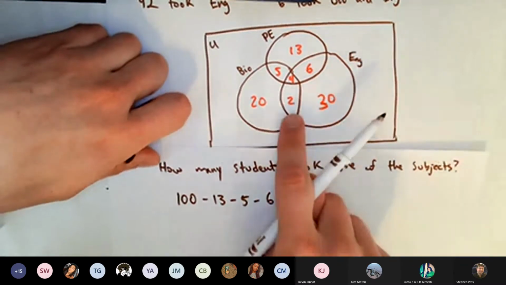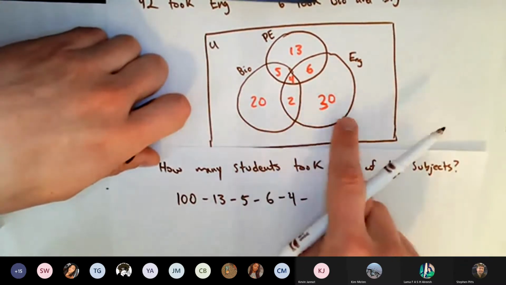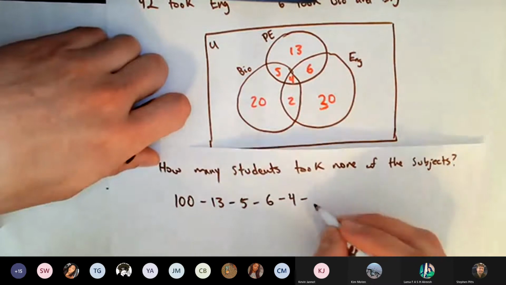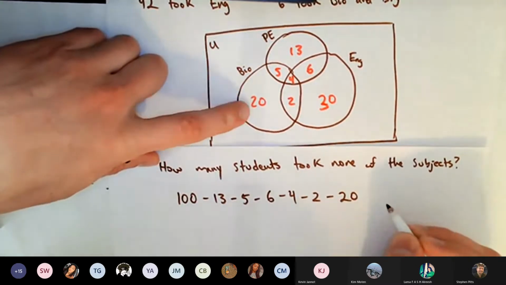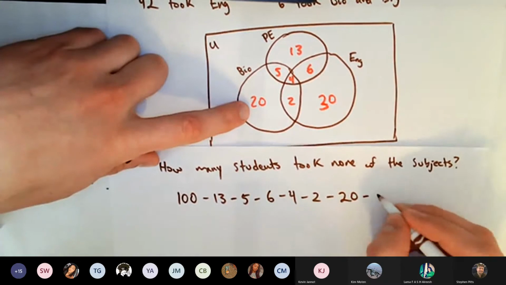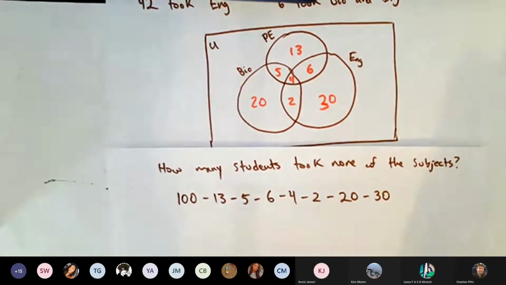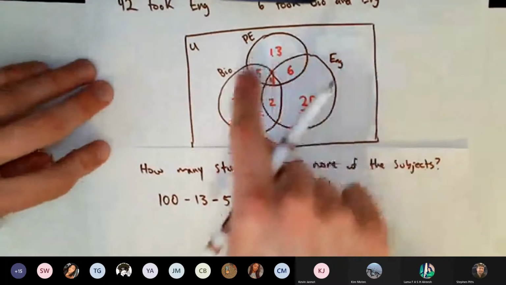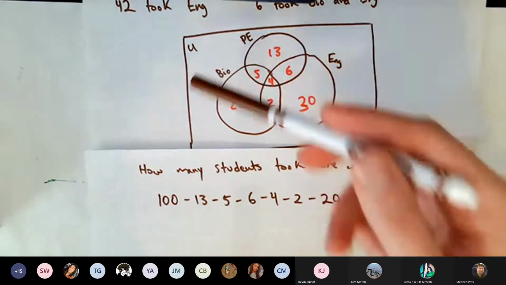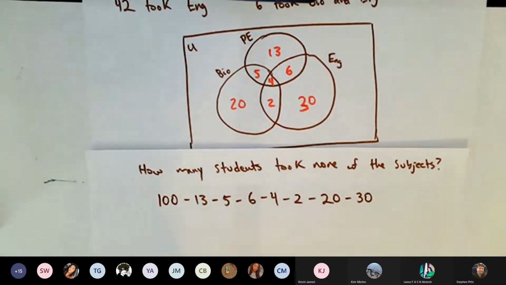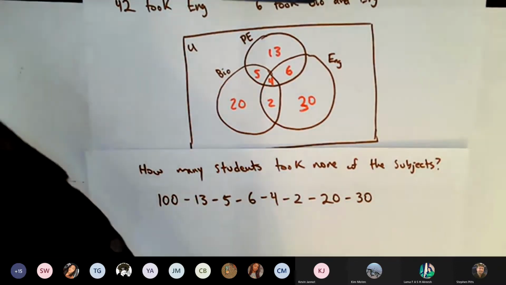I'm going to subtract the 2, which is the students that took biology and English, but not PE. And then I'm going to subtract the 20 students who took biology but nothing else, and the 30 students who took English but nothing else. Essentially, once you have the picture down, you're just subtracting all of the numbers. These are all distinct now, so it's safe to just subtract all of them to find out what's left outside of these sets, so the students who are not taking any of these classes.